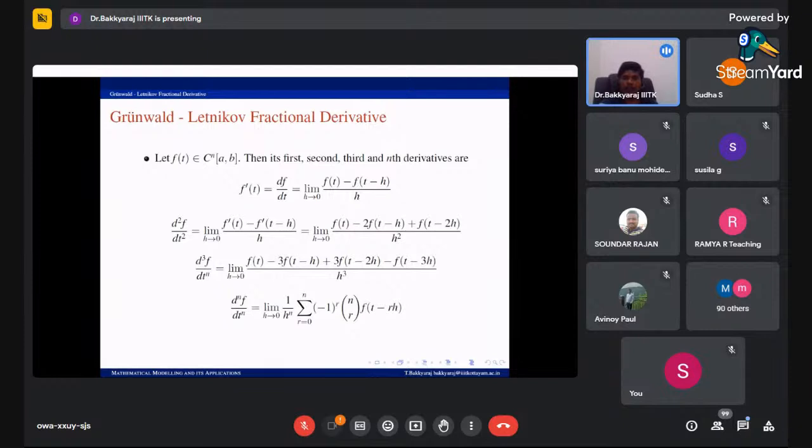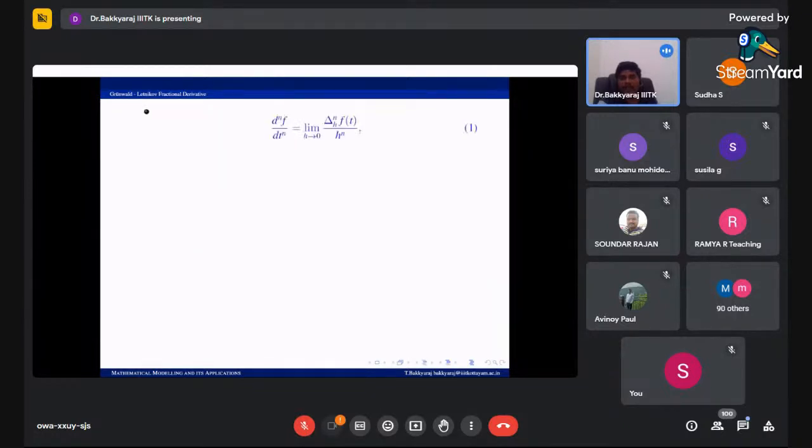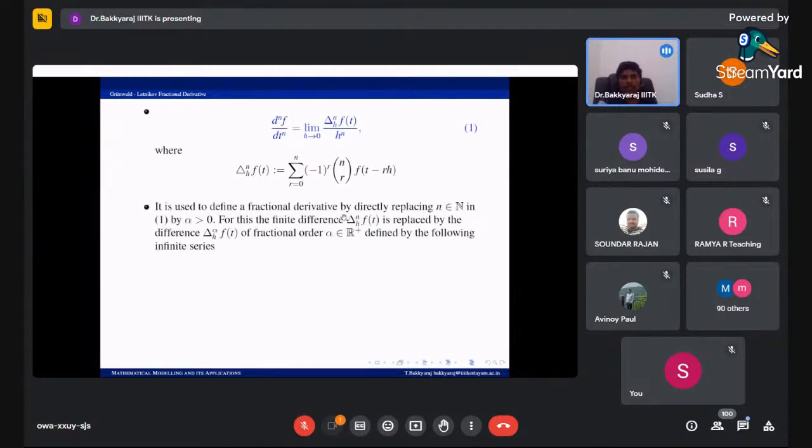So now what I'm going to do is directly replace n by alpha. What is going to happen is this finite sum will become an infinite sum. Here the numerator is the same thing. Now I'm going to replace the natural number n by the positive real number alpha.